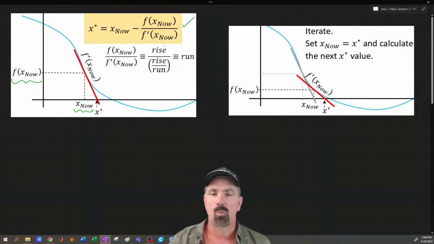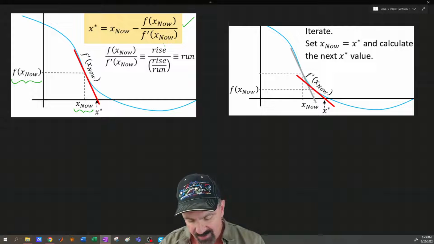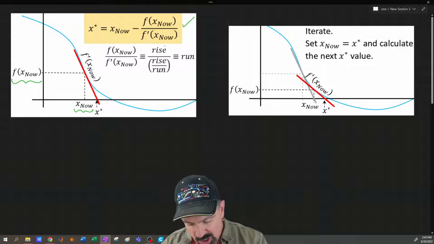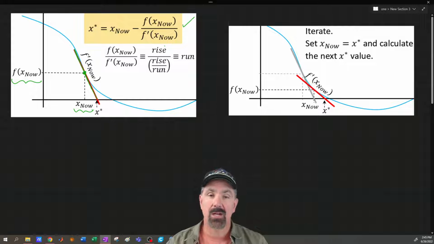The idea behind why Newton's method works is really simple. All this is going back to your middle school days and thinking about slope as rise over run. Remember that the derivative is equal to the rate of change, and that rate of change of the function is represented with this tangent line here, and it's tangent at the point where we are currently located, which is x now and f of x now.